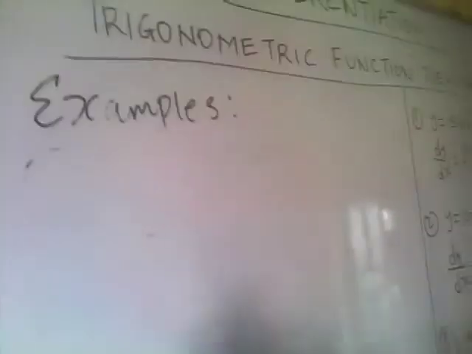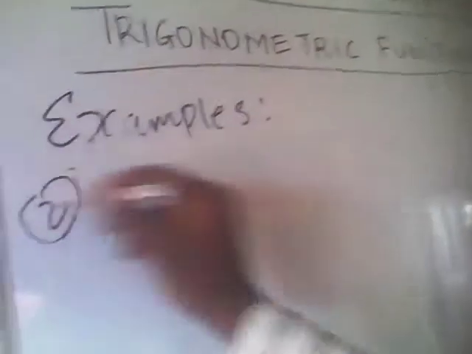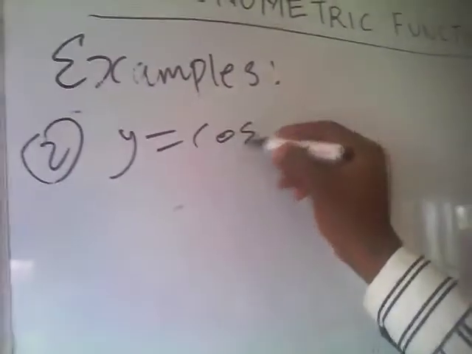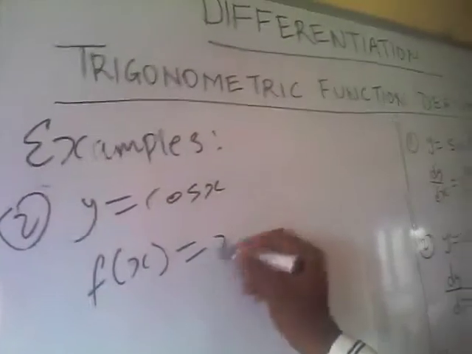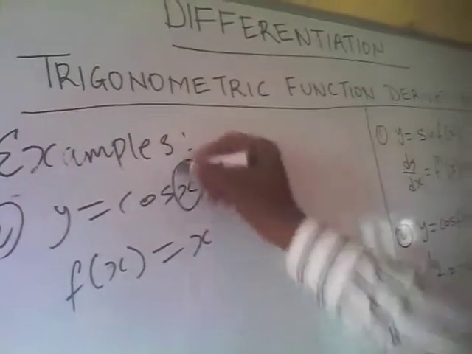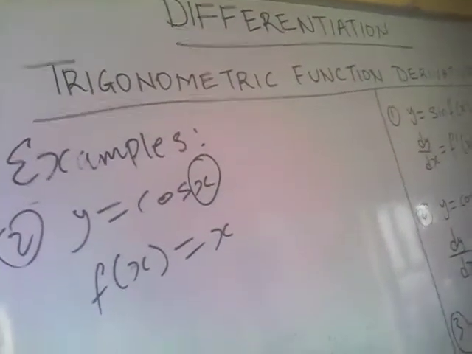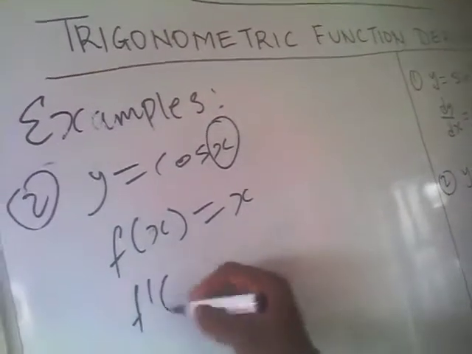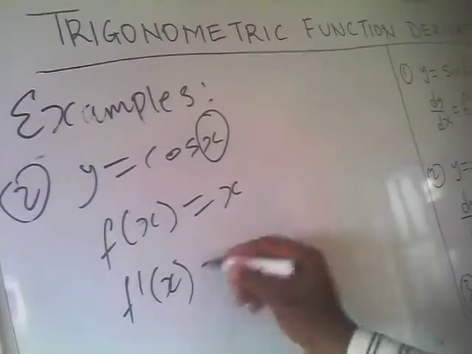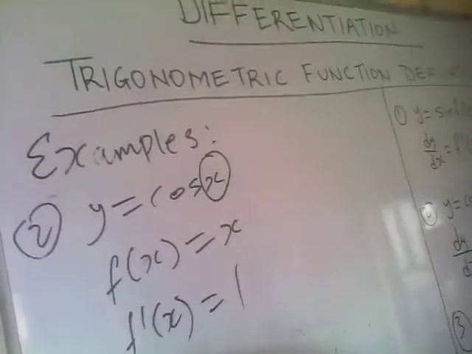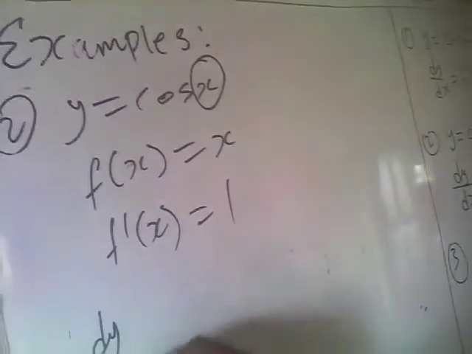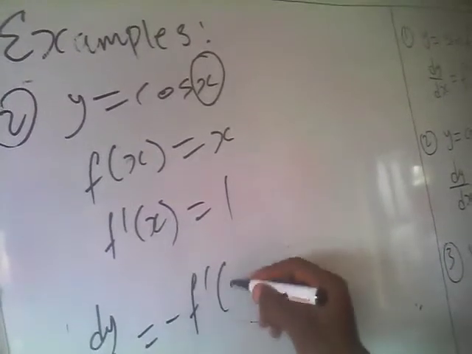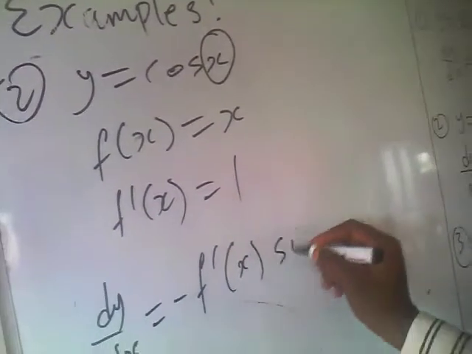If we are now handling cos x instead of sine x, y equals cos x, we can easily say that our function of x is x here, and f prime of x is the derivative of the function of x, which is also 1. When y is equal to cos x, dy/dx will be equal to minus f prime of x sine f of x.